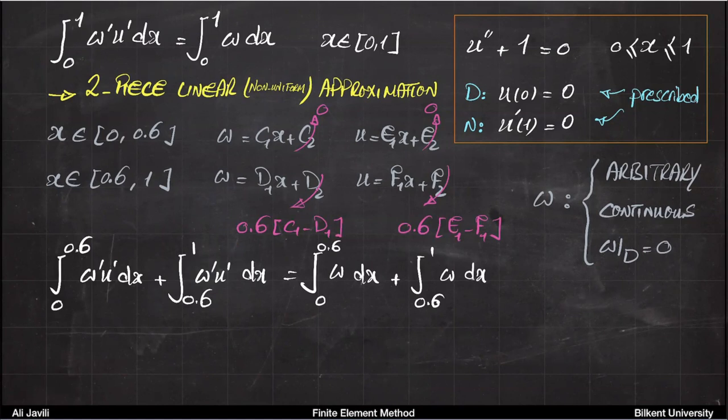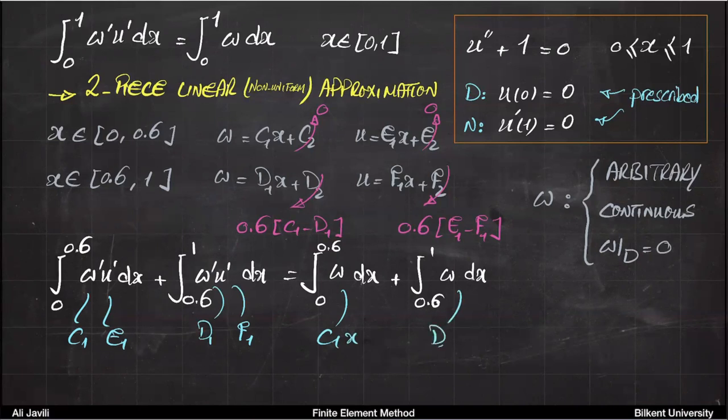Now all you have to do is play exactly the same game. Remember, we said this, so w prime from 0 to 0.6 is c1, u prime is e1, here w prime is d1, u prime is f1, then w from 0 to 0.6 is c1x, and from 0.6 up to 1 is d1x plus 0.6 times c1 minus d1.